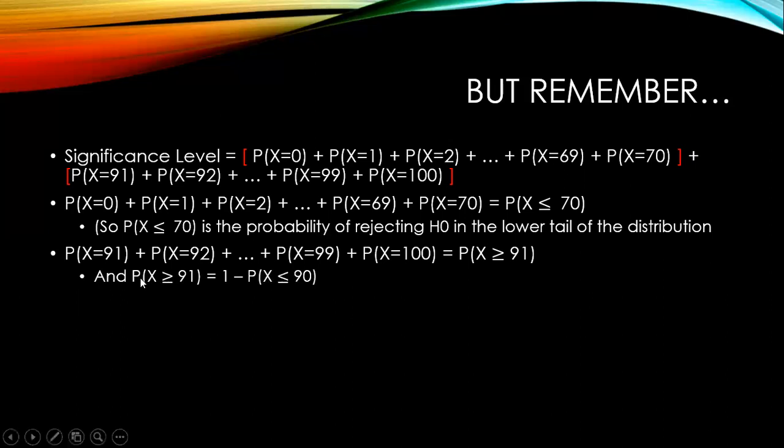Remember that the probability that X is bigger than or equal to 91 is exactly equal to 1 take away the probability that X is less than or equal to 90. Why is this? Let me go through this to be really clear. Let's say you've got a number line like this.